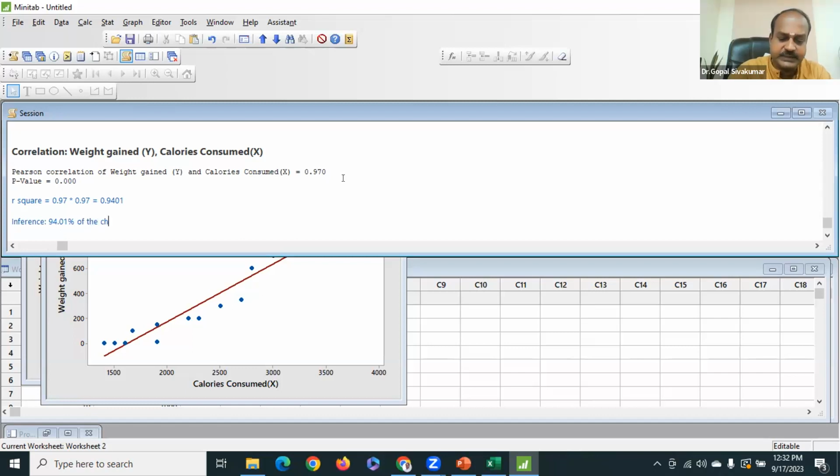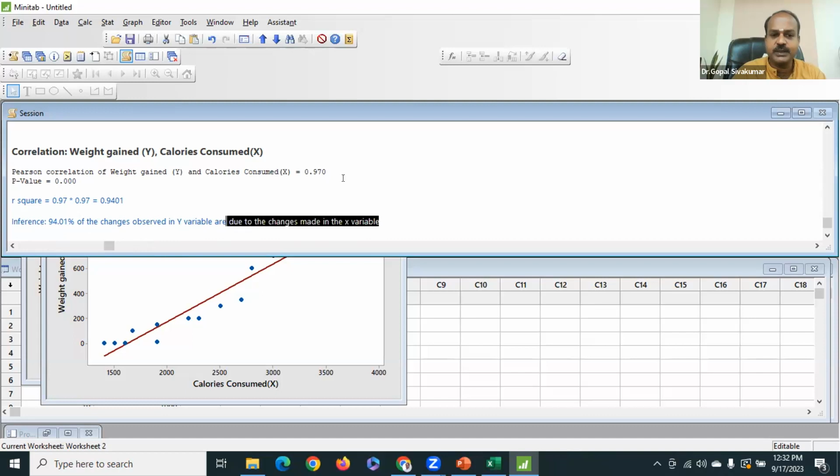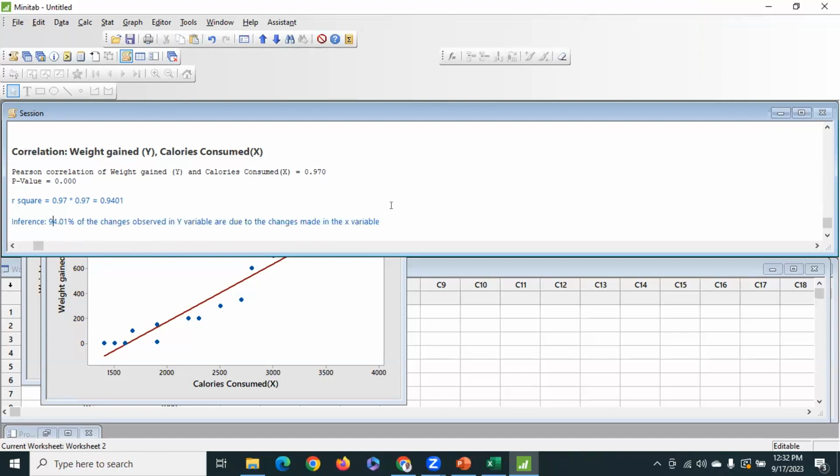94.01% of the changes observed in the Y variable are due to the changes made in the X variable, the calorie consumption.